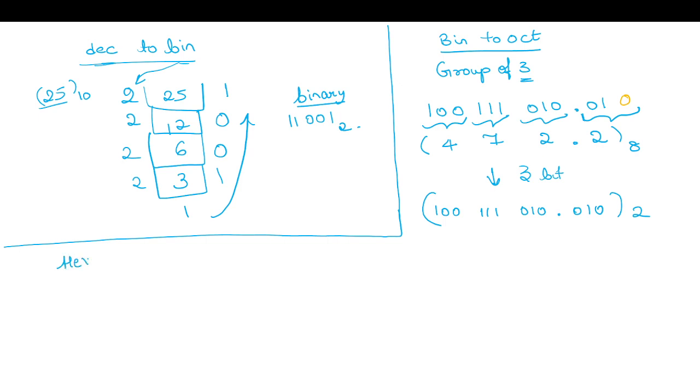Next, if we have a hexa number to convert to binary, here we make groups of 4. Why 4?